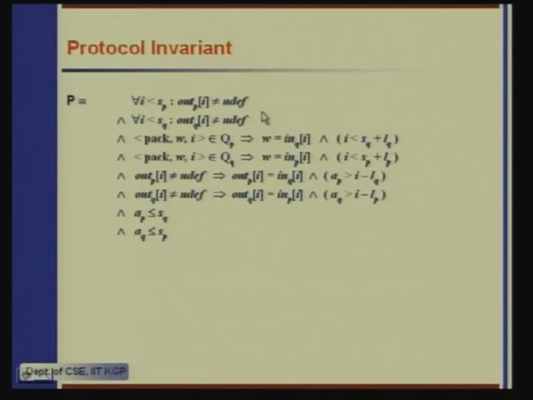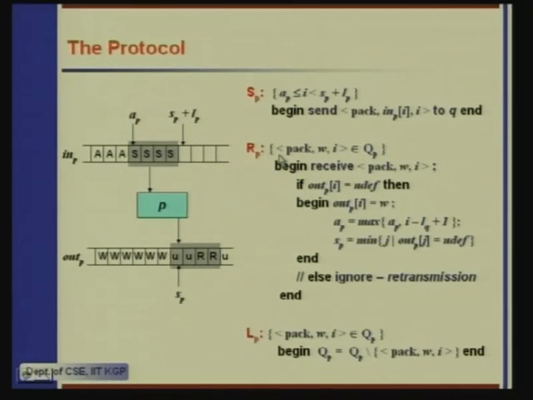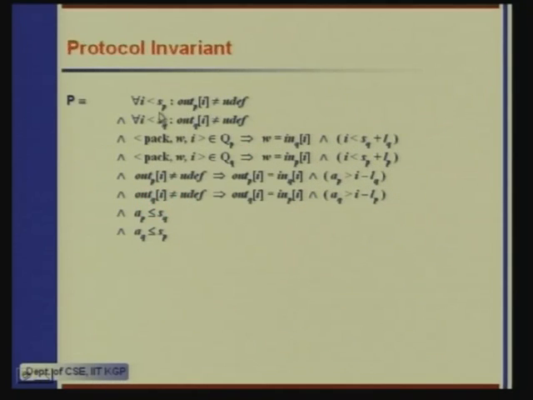We are only concerned with the action RP, because it is the only one which affects SP and outP. But what are we doing in action RP? We are assigning SP to be the minimum j such that outP[j] is equal to undefined. What does that mean? That for all i less than SP, outP[i] is not undefined, right. So, therefore, at the end of applying RP, this will still hold.